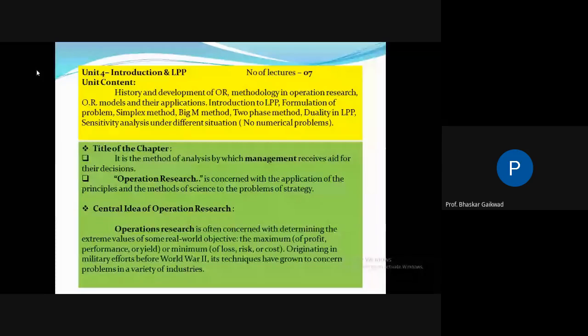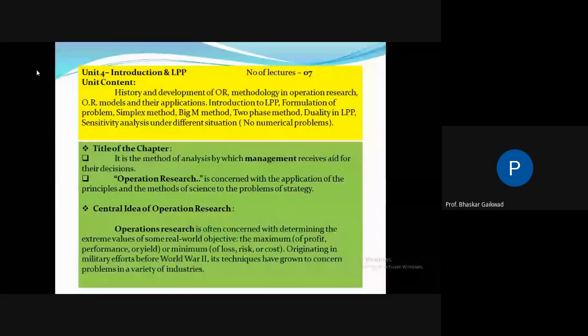After that, about the history, you can start from World War Two, in which two countries were involved, USA and England. Initially they started the concept of OR in the military organization.